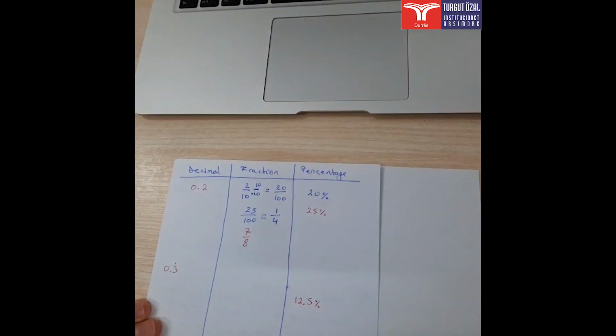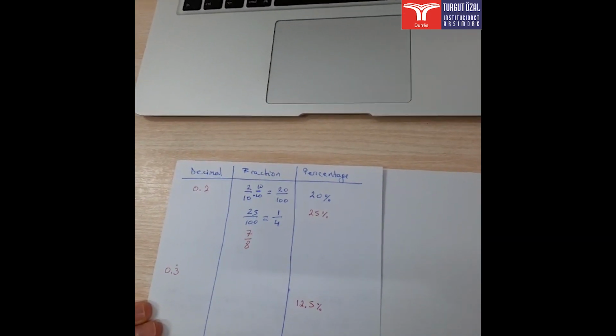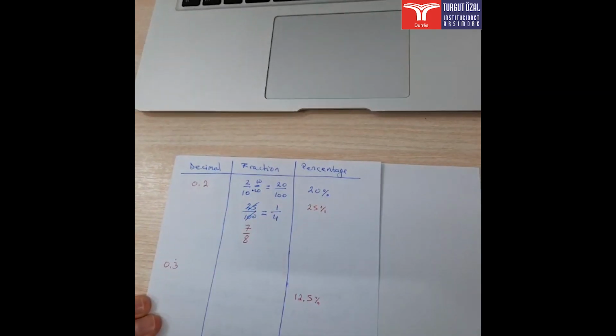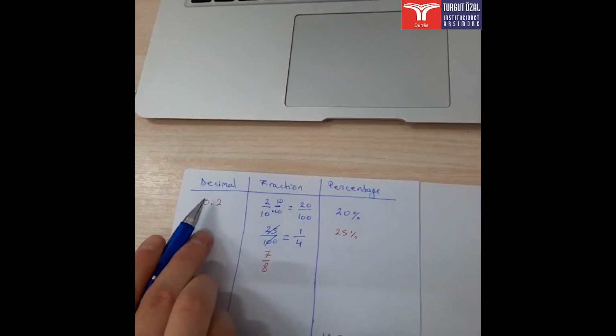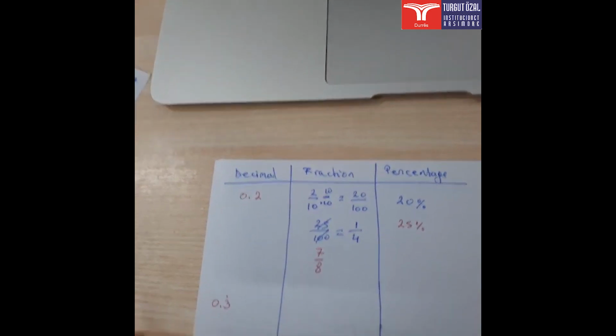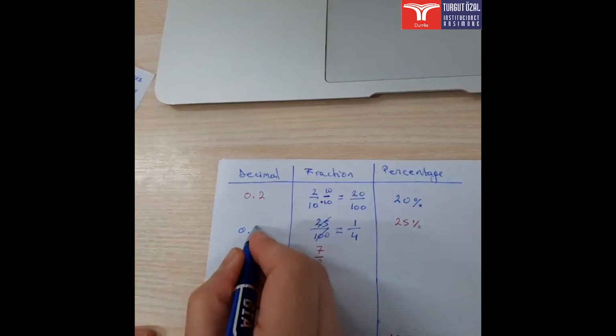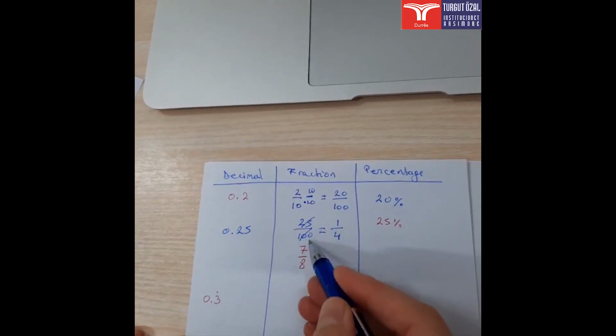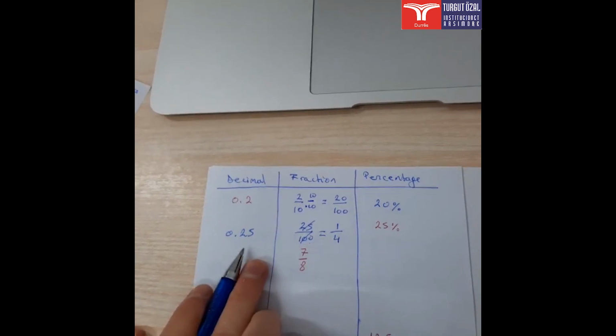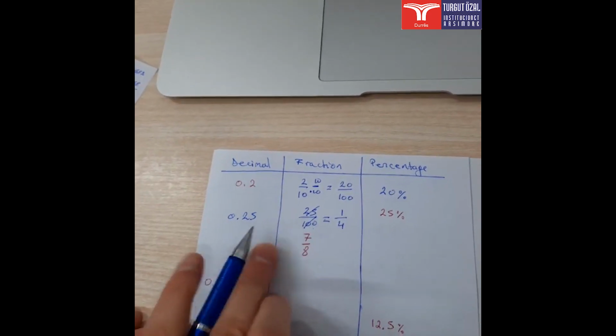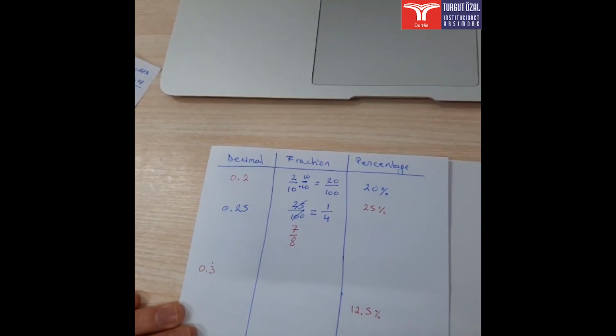It means you have to simplify this fraction by 25. And as a decimal number, this one will be 0.25. So 25 divided by 100 is 0.25.